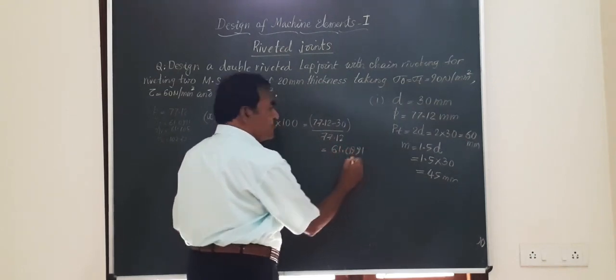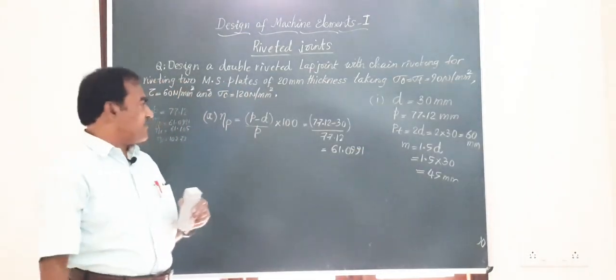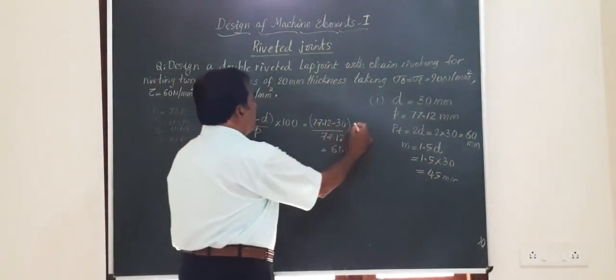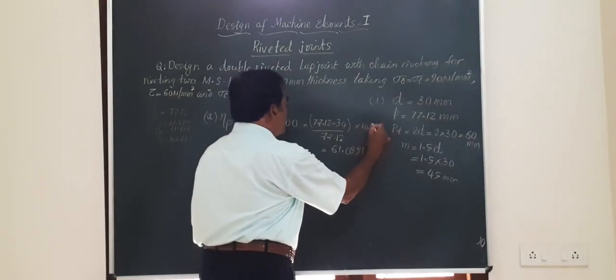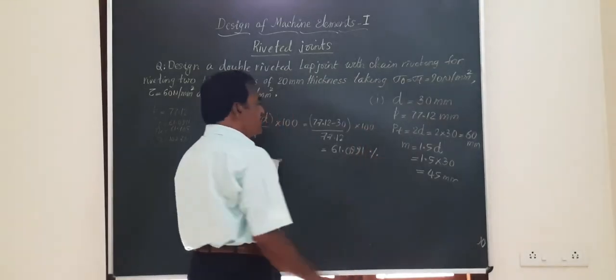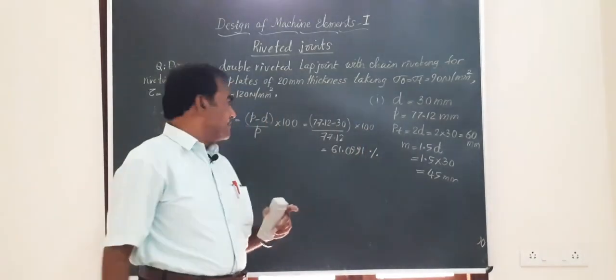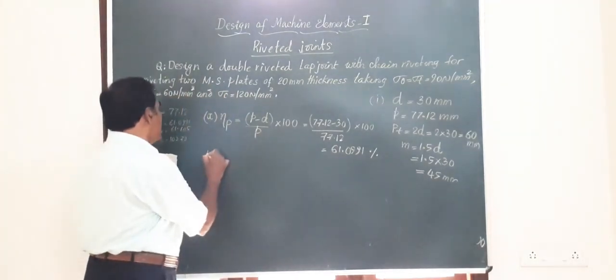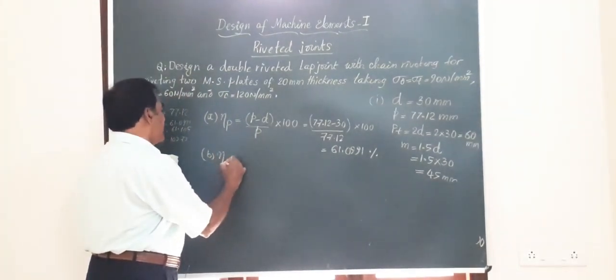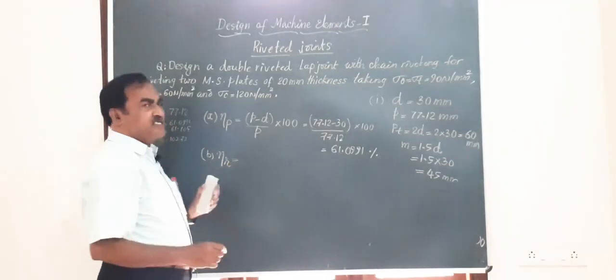Friends, I told you that you have to go up to 4 decimal places of accuracy, and I have multiplied by 100, and this works out to 61.0991%.